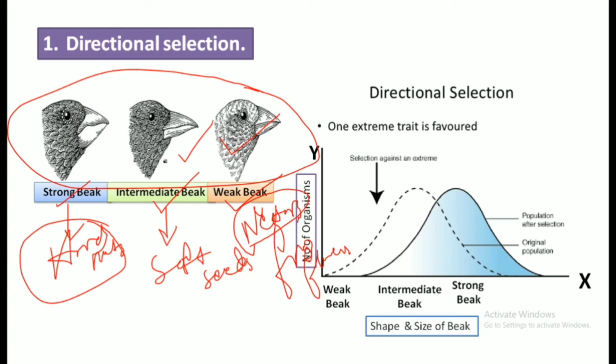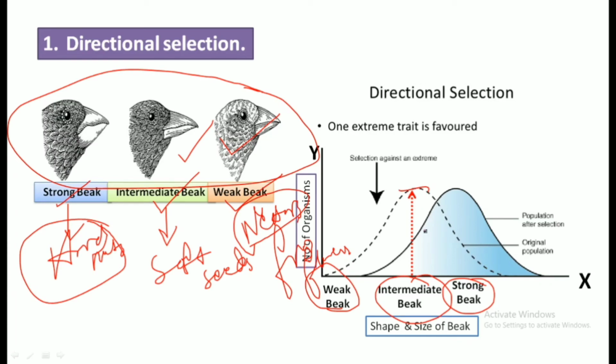We have kept the weak beak here, the intermediate in the middle, and the strong beak on the right-hand side. At the beginning, the intermediate or weak beak had the highest number of individuals, so the mean value is at the maximum here.